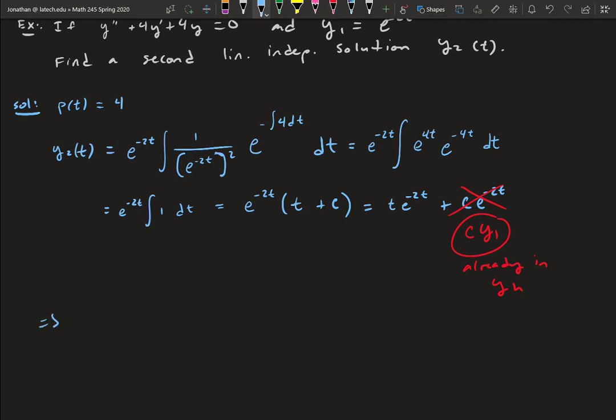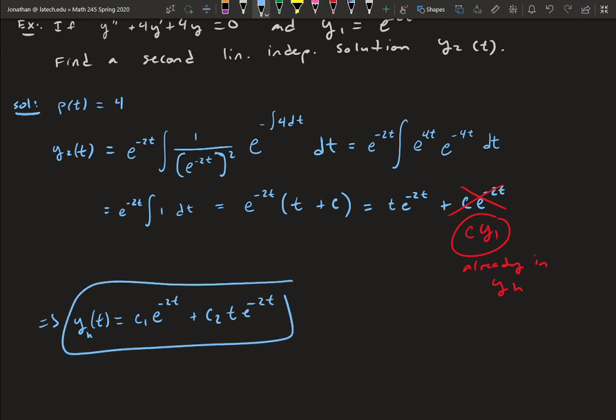So then yh of t will be equal to c1 e to the negative 2t plus c2 t e to the negative 2t. That's our general solution.